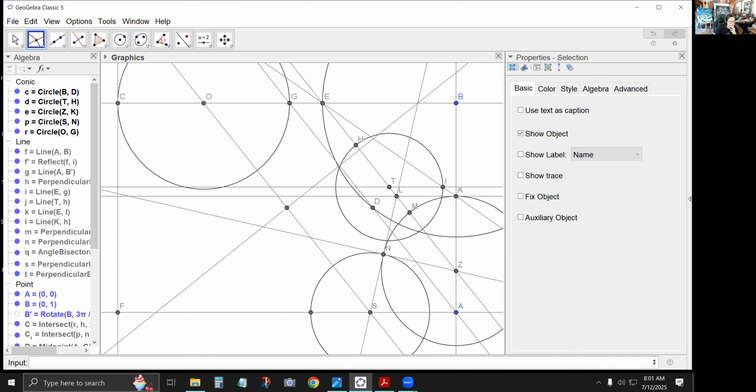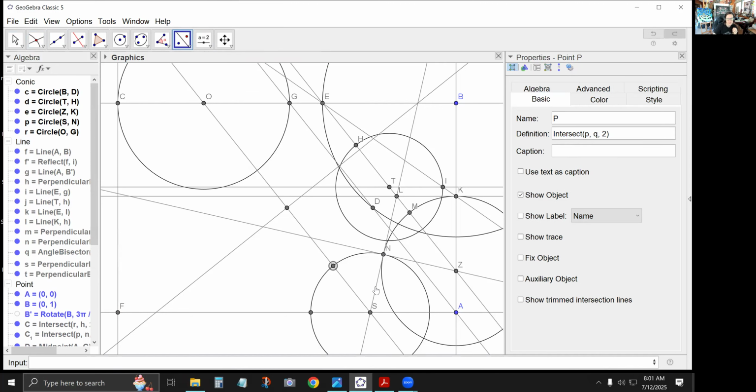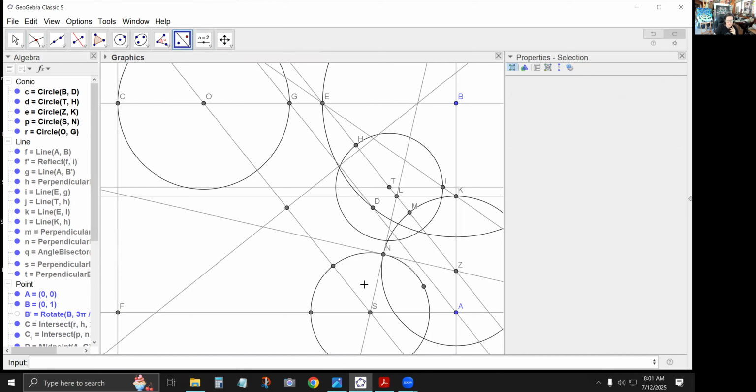Cool. So then next thing I want to do is I'm going to put in my heptagon. So to do that, I'm going to put in this point right here, and then I'm going to reflect that point here. So these are 4 vertices of the heptagon, and I'm going to get the rest of them by reflecting.